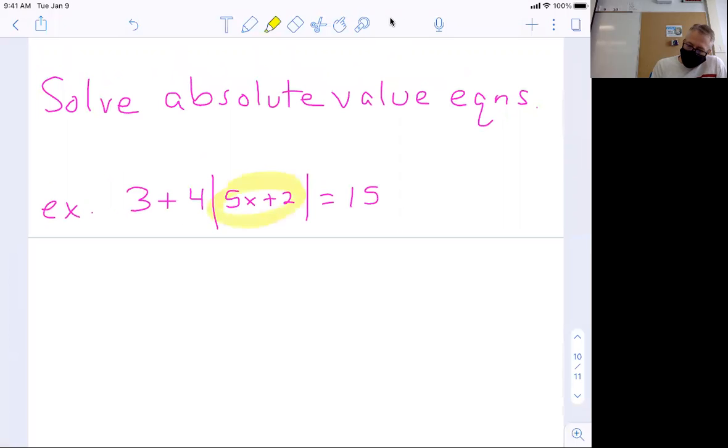So I want to get the absolute value part by itself first. Then I'll show you what to do. So I got to subtract the 3 from both sides. So I have 4 times the absolute value of 5x plus 2 is equal to 12.